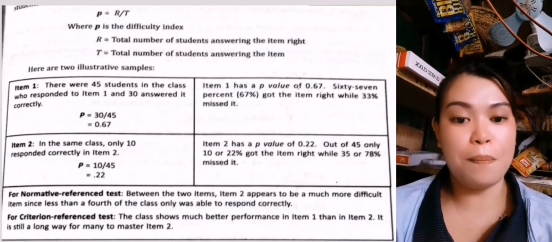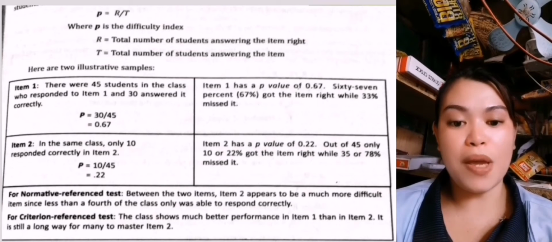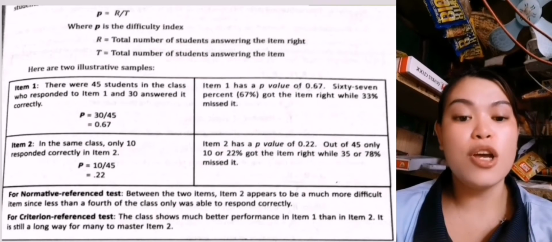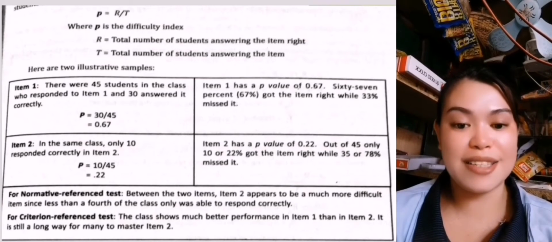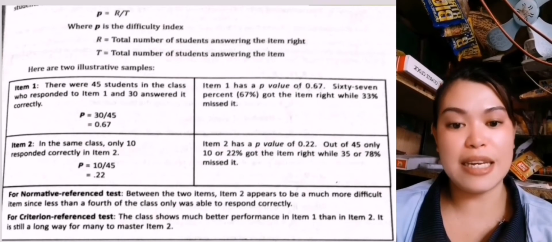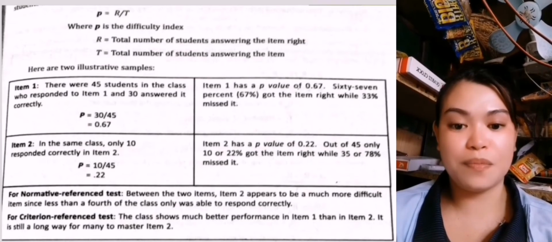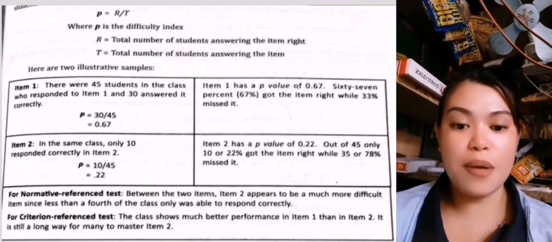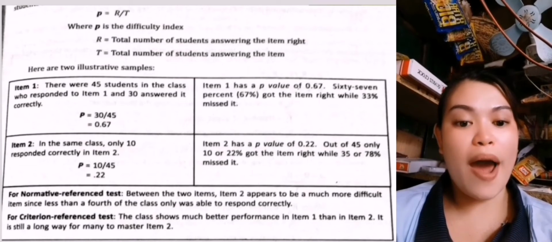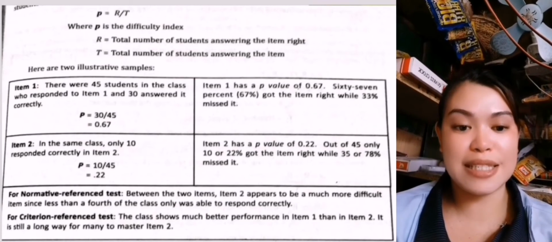So we use the formula P equals R divided by T. So P equals 30, which is the R, the total number of students answering the item right, divided by 45, which is the T, the total number of students answering the item. So 30 divided by 45 equals 0.67. So item 1 has a p-value of 0.67.